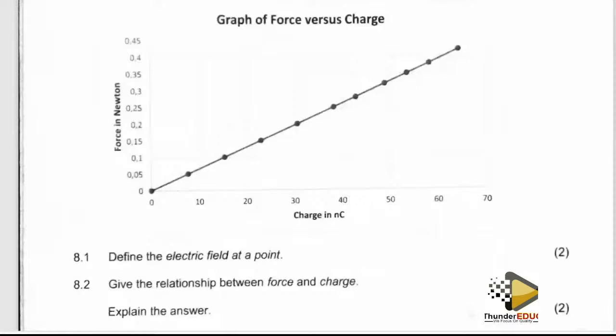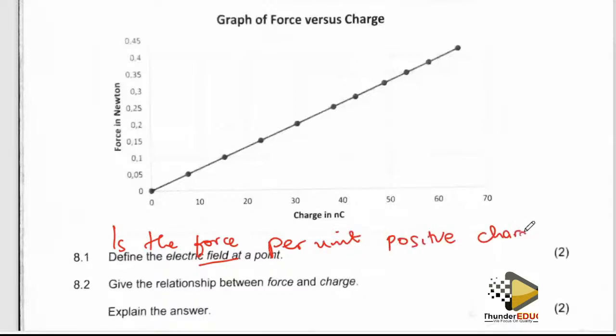Then 8.1, they're asking us to define what an electric field at a point is. Okay, so this is just a force that is experienced per unit positive charge placed at that point.